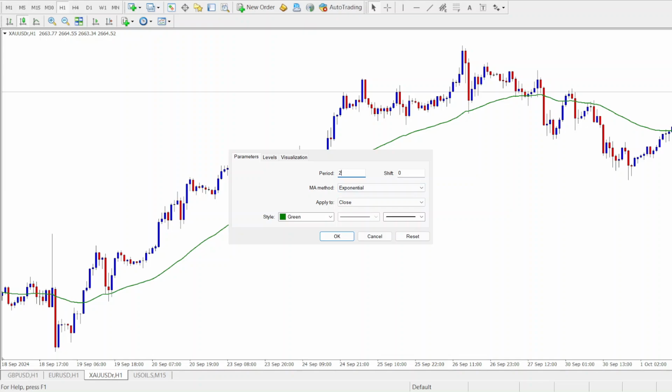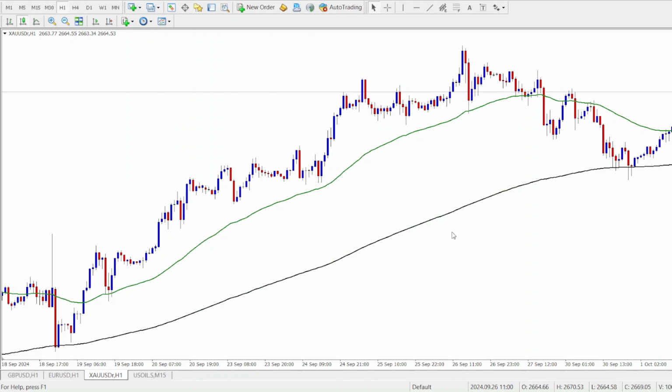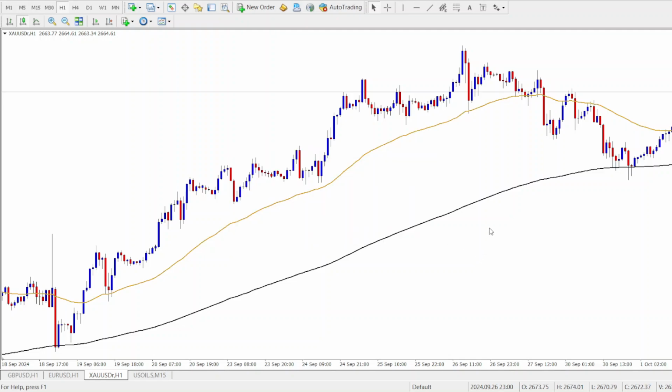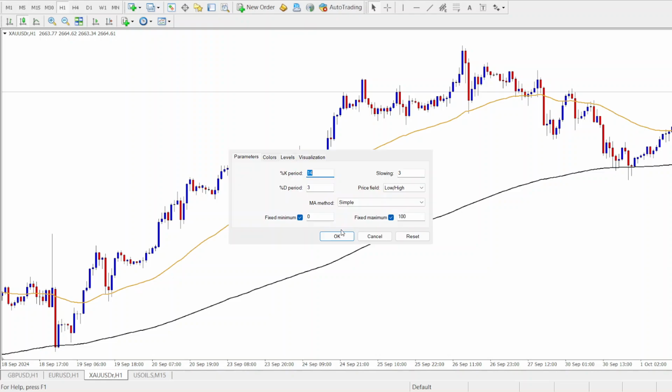I'm just going to change the color of this. Then we're going to be adding the stochastic oscillator. That's the second indicator we're going to be using.